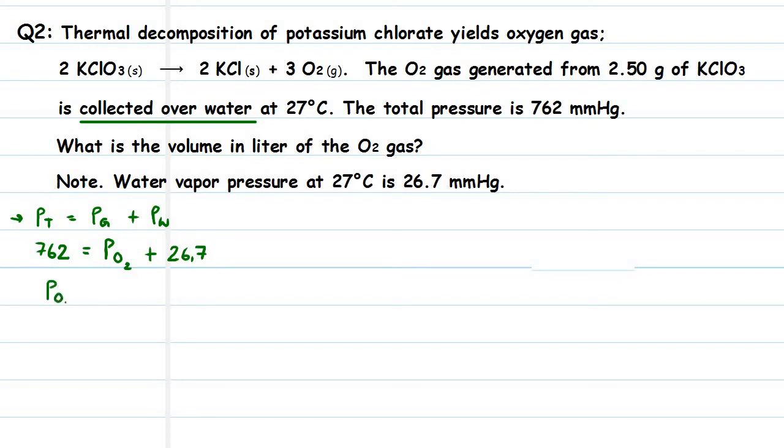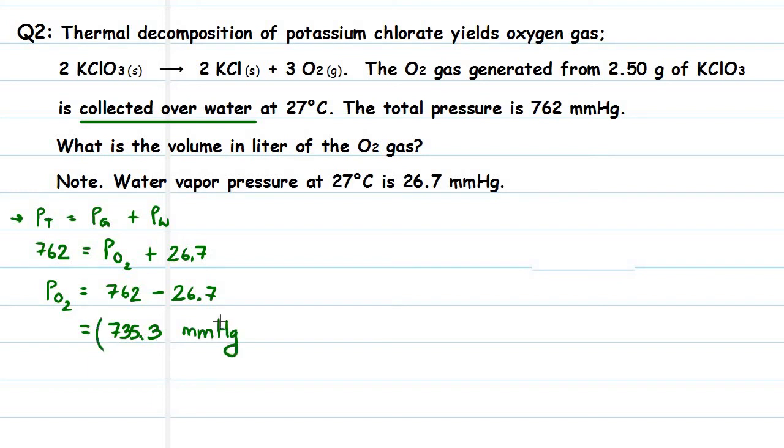So P of oxygen is going to be equal to 762 minus 26.7, and that's going to give us 735.3 mmHg.